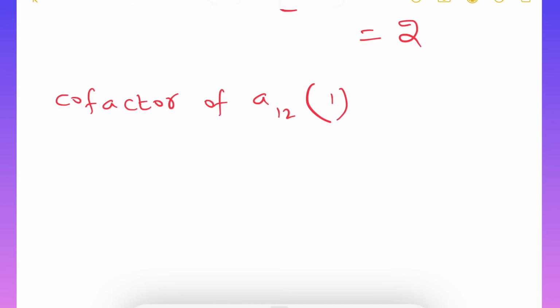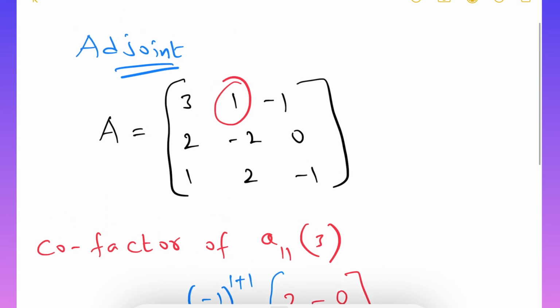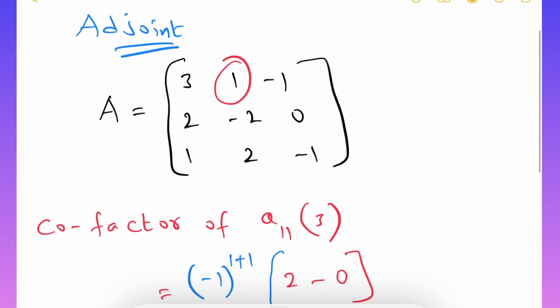So it should be equal to minus 1 whole power 1 plus 2. First row, second column into. Now let us find the minor of that element. Delete the complete column where 1 is present. Delete the complete row where that 1 is present. Now the remaining elements, if we take 2, 0, 1, minus 1.